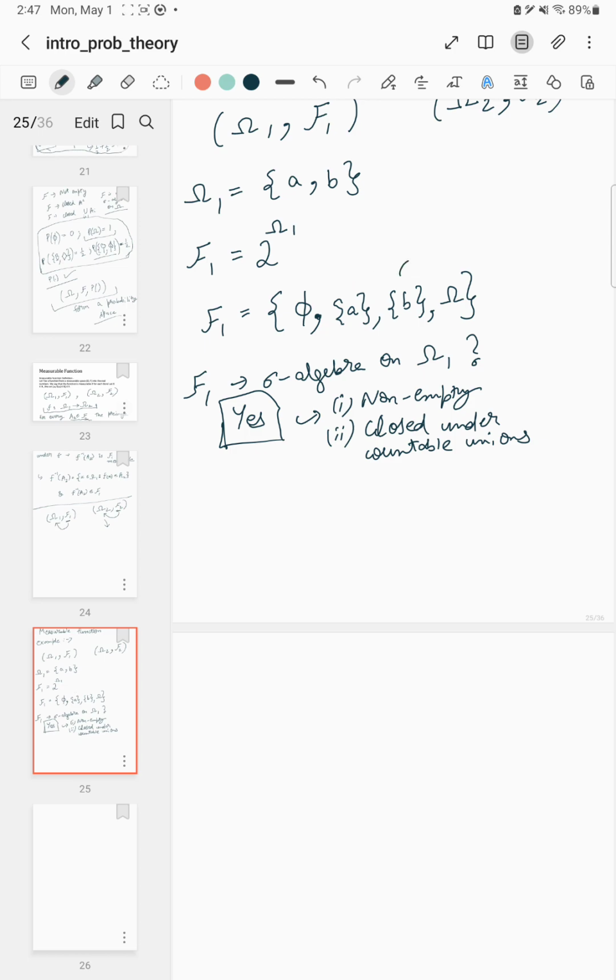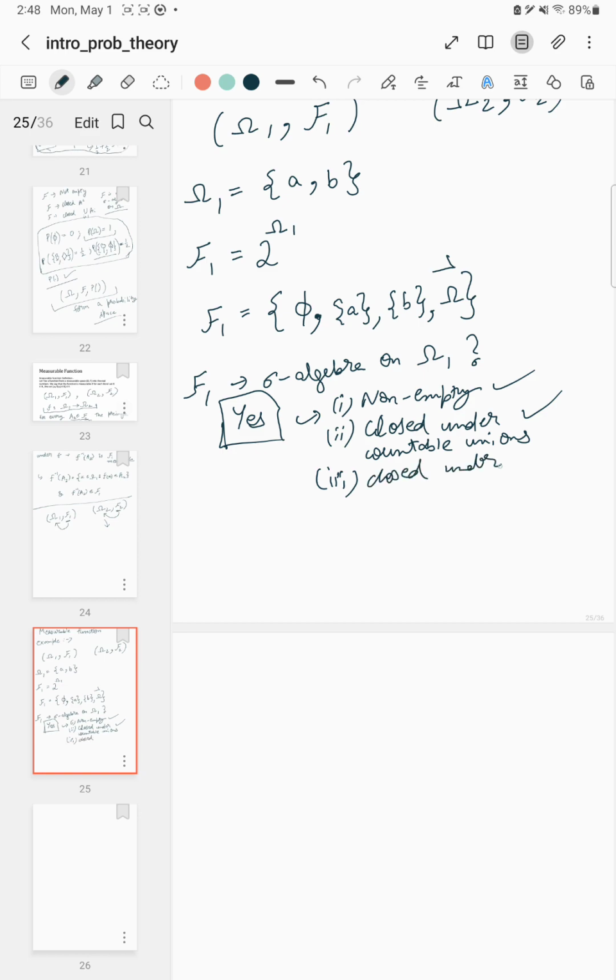And similarly, if you take the union of any set with omega, that would be omega itself, and omega is also present in f1. Take the union of a and b, it would again result to be omega, and omega is in f1. Hence this is closed under countable union, and similarly the third property, closed under complement.